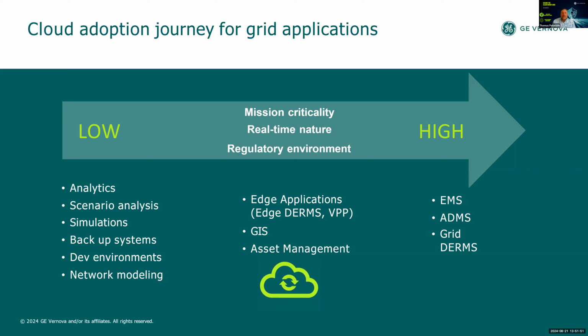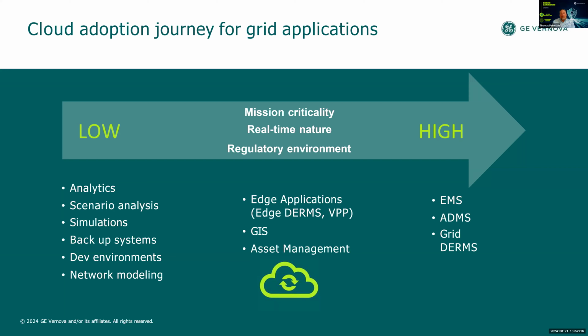So the next obvious question is, how do utilities prioritize grid applications for grid deployments and cloud deployments? For this, we recommend a framework based on certain attributes of grid applications, such as mission criticality, real-time nature, and the regulatory environment. The grid applications on the right of this framework, such as EMS and ADMS, are highly mission critical, real-time, and regulated.